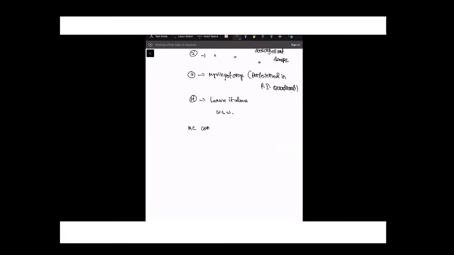Most common complication of ASOM is going to be perforation, and the second most common complication is going to be acute mastoiditis.